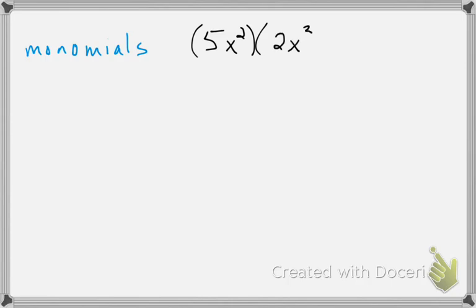What if I have monomials? 5x squared times 2x cubed. Now, there's no plus or minus here, right?